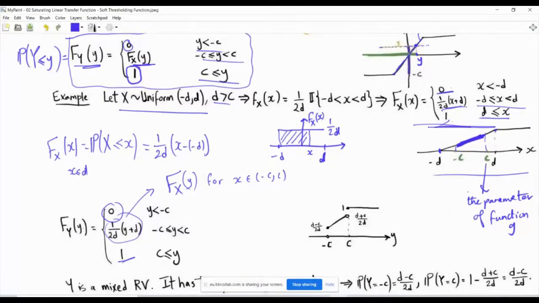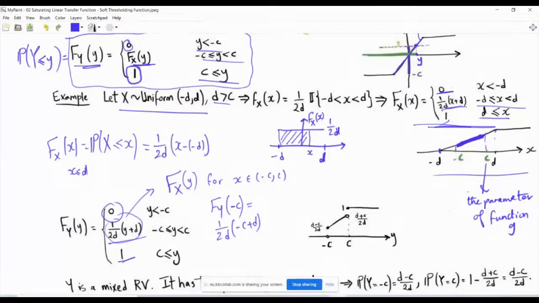So if you want to plot this CDF of y, below minus c it's 0. And then between minus c and c, it is this function here. If you put y, what is F of y at minus c? It is 1 over 2d, d minus c.